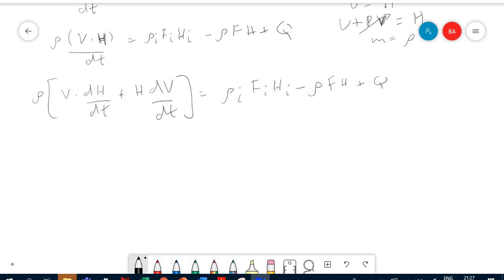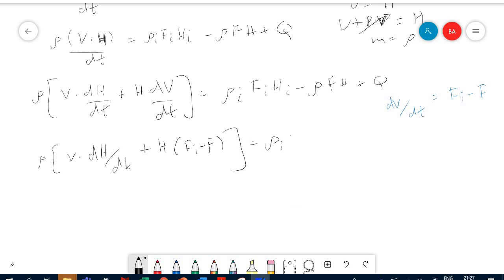And if you recall that dv by dt is equal to fi minus f, I knew that you can remember that, that will be rho into v dh by dt plus h into fi minus f. Beautiful. We just got rid of dv by dt, which is equal to rho I fi hi minus rho fh plus q.